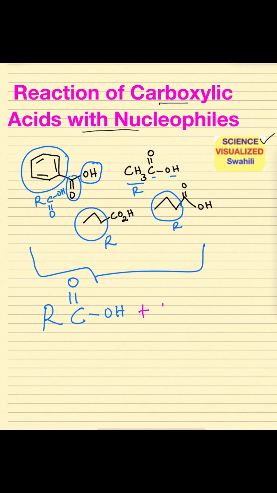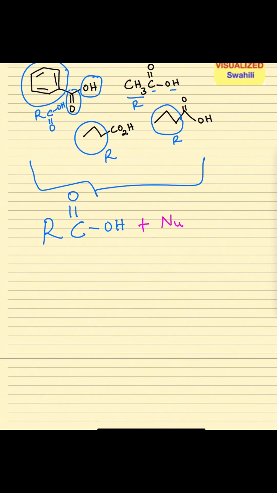So plus a nucleophile, and this is usually done under acidic conditions, or in some cases under basic conditions. What will end up happening is that the nucleophile, using its lone pair of electrons or a negative charge, will attack the electrophilic carbonyl carbon, and at the same time the double bond electrons will move to oxygen to become an O minus.